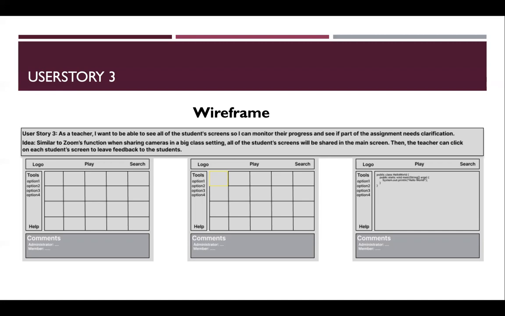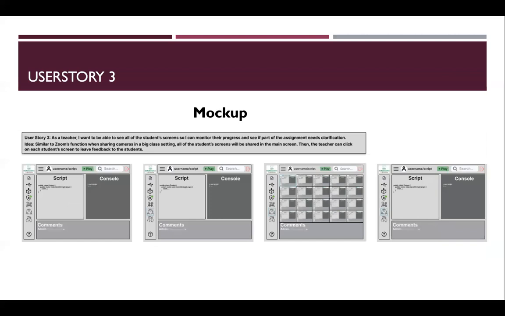Moving on to the second box, it shows that if you were to click on a certain box, whatever student you want to see, then it would show that student's screen, and the teacher would be able to interact with it, leave comments and stuff like that. And for the mock-up, we added some pictures and showed how it would look if we added some scripts and consoles.